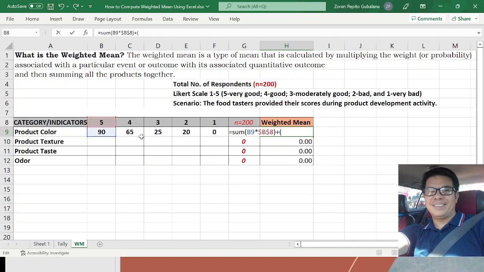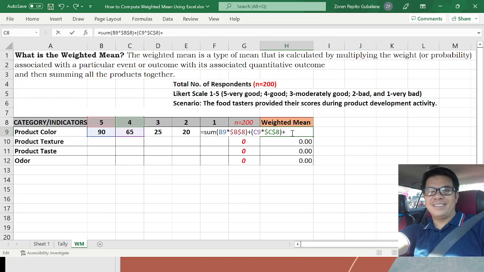Now let's work on the next combination, which is 65 multiplied by 4, close parentheses, and then indicate the dollar sign. There we go, and the plus sign.